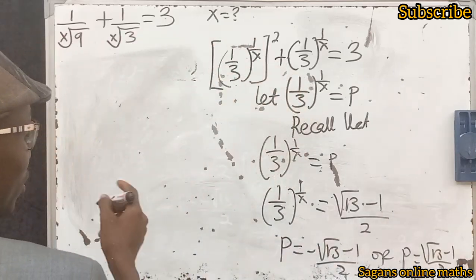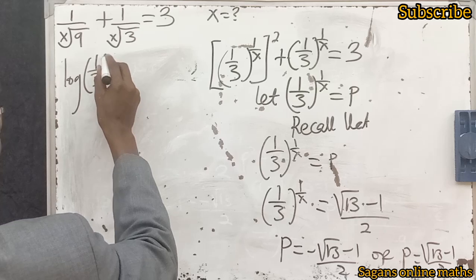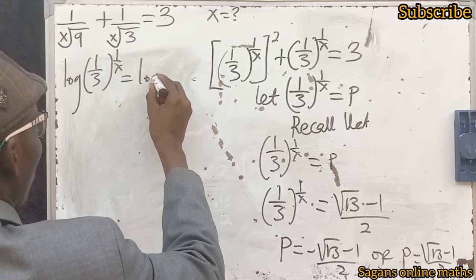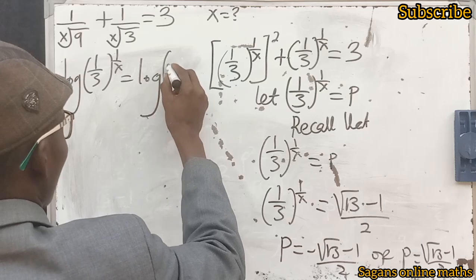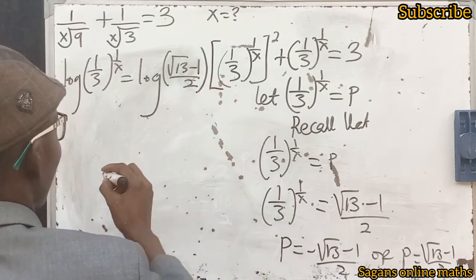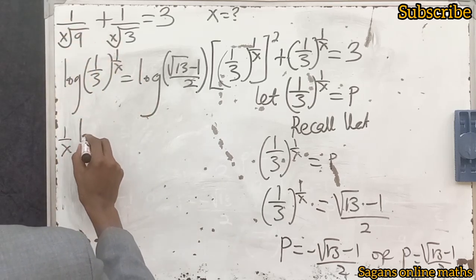That means log of 1 over 3 to the power of 1 over x is equal to log of root 13 minus 1 divided by 2. So this power can also go back as 1 over x.